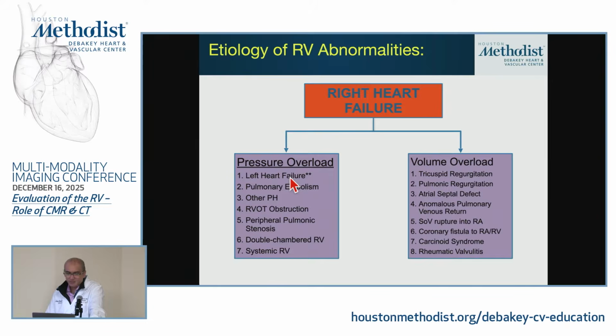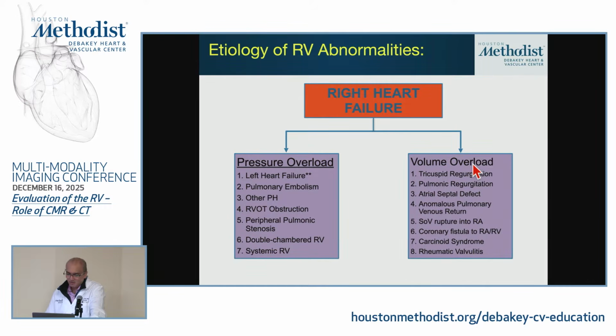And if we break this down into more detail, if we look at the pressure overload phenotypes of right heart failure, most common obviously is from left heart failure, but also things that increase pulmonary arterial pressure, such as a pulmonary embolism, other causes of pulmonary capillary hypertension, if there's a right ventricular outflow tract obstruction, if there's peripheral pulmonic stenosis, or some of these other congenital abnormalities that can be associated with right ventricular pressure overload phenotype.